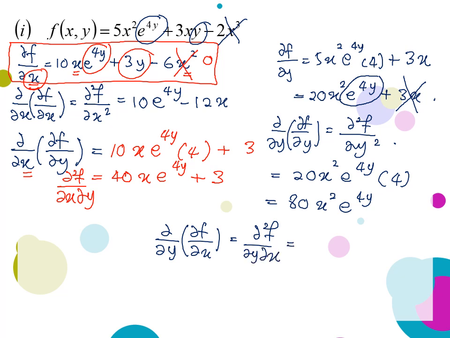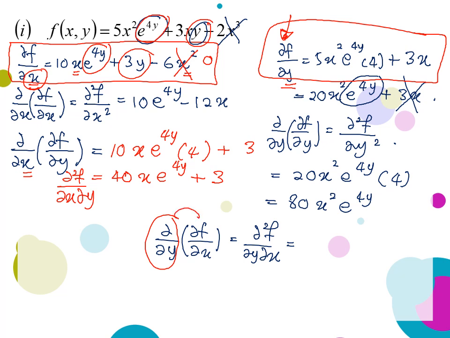The first time you differentiate, you are interested in variable y, so from here you look at y. You will get this when you differentiate with respect to y. For the second time, when you differentiate this function, now you are interested in x, no longer interested in y. So from here, just look at the x term.